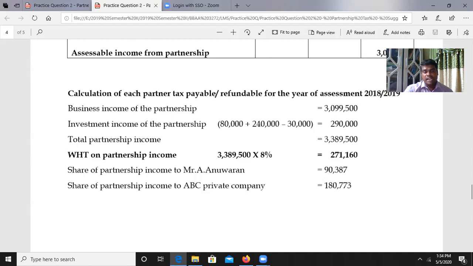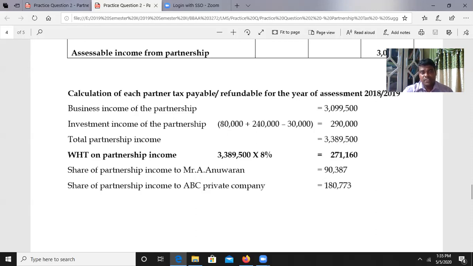Those interest and rent income we did not allow when we calculate assessable business income; we disallow. Now, under the investment income, interest income, then we need to consider whether it is gross. Yes, it is gross, so that can be included under the investment income.